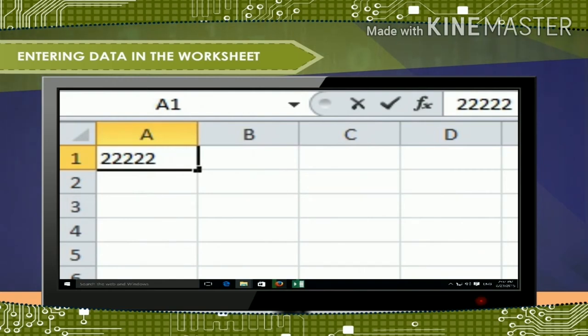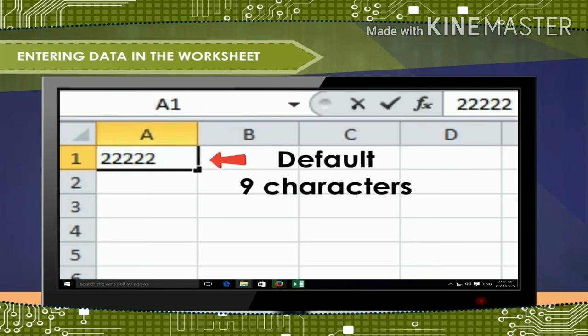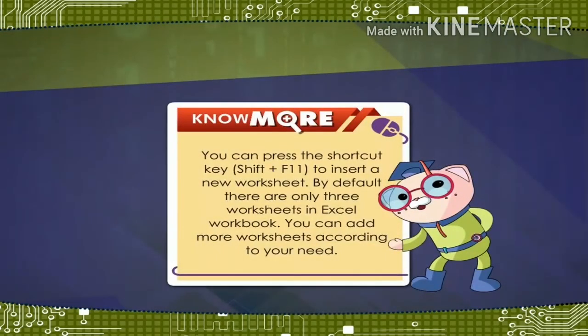As you start typing, the data will appear both in the cell and in the formula bar. A cell can contain up to 255 characters.